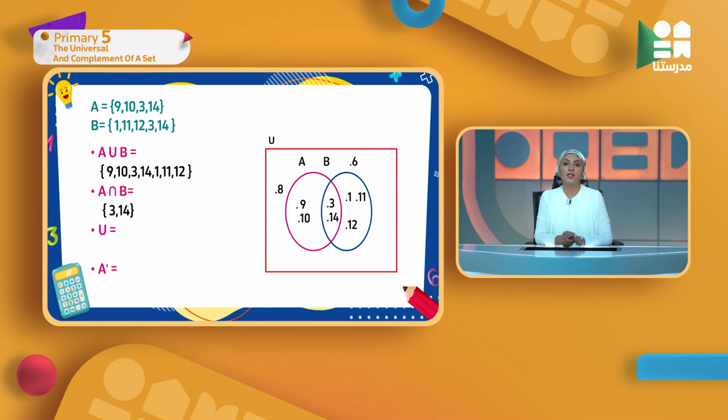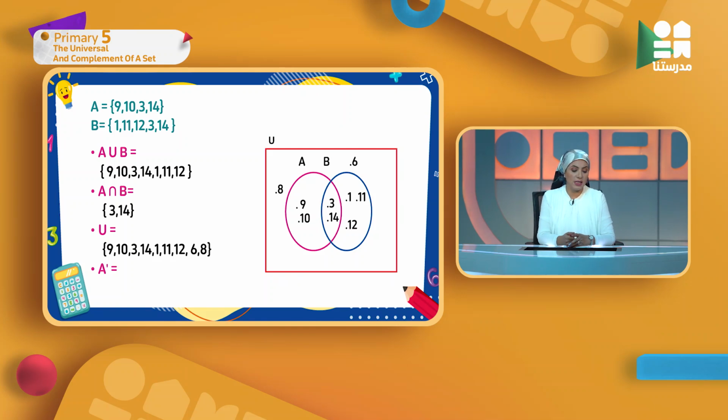As we said, the U is the mother of all sets, so it has all the elements, or all the elements inside the U, they are a part of, or they belong to the set U. So here the U is the elements in the set A, the elements in the set B, and the elements which are flying outside the two sets. So it will be equal to 9, 10, 3, 14, 1, 11, 12, and 6 and 8.